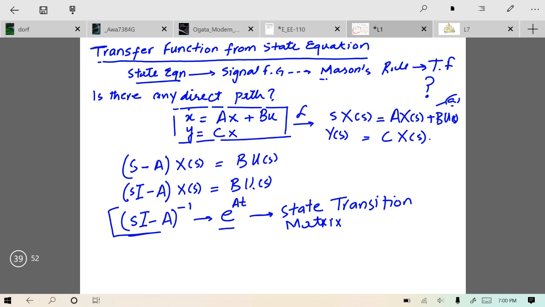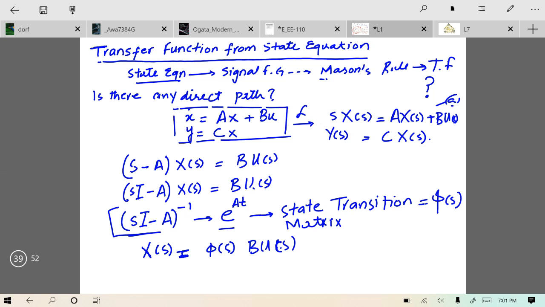If I denote (sI minus A) inverse, the state transition matrix, with phi of s, then in the above equation it becomes X of s equals phi of s B U of s.